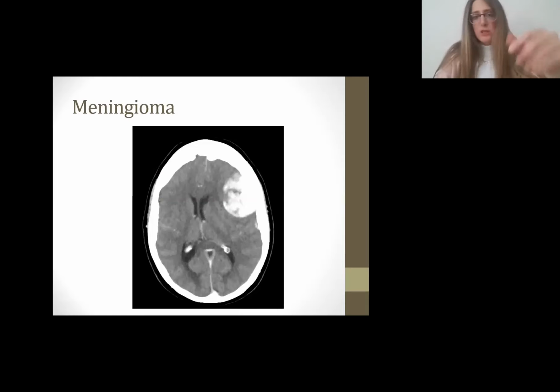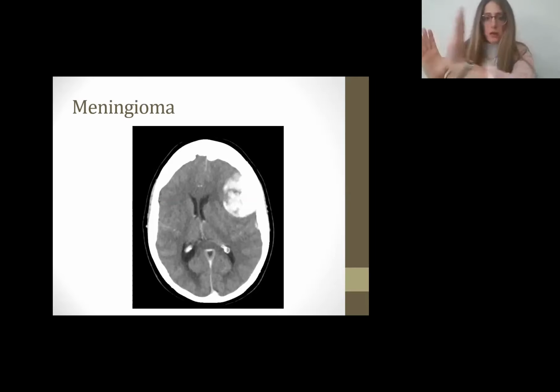Number two, I'm just giving you quick and easy tips. Meningioma. Here is how I remember meningiomas when I see them. There are too many tumors, guys, that's why I'm trying to give you some tactics to remember. Meningioma comes from the meninges, right? Look at how it's like a protrusion of the meninges.